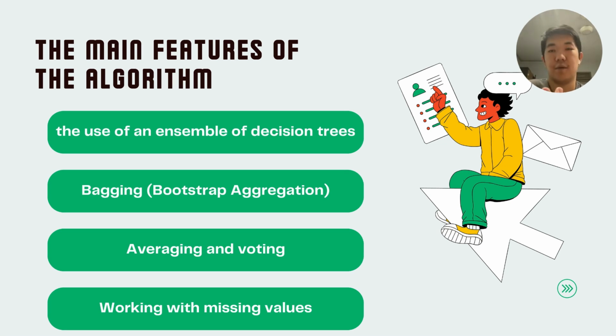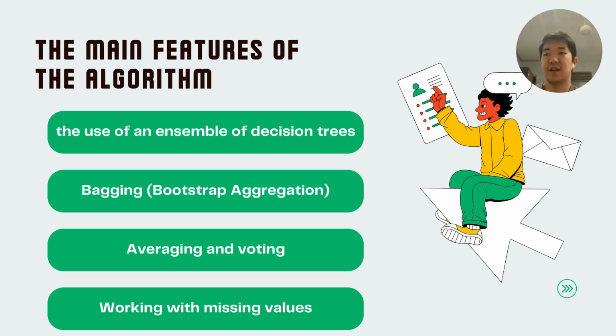In bagging, a random subsample of data is created for each tree with replacement. This reduces the likelihood of overfitting and makes the model less sensitive to changes in the data.